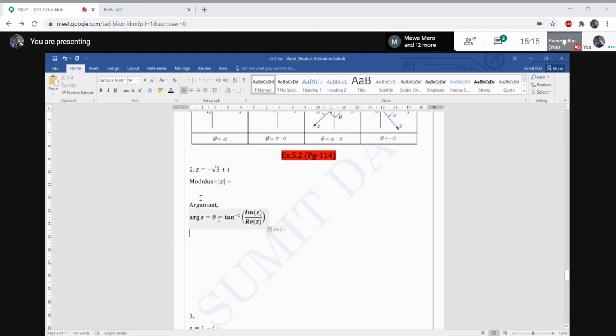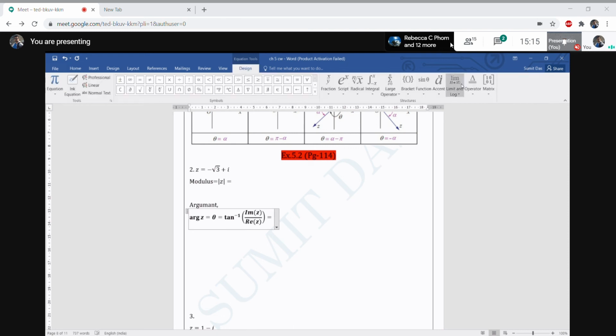So it will be equal to tan inverse, inside the bracket. What is the imaginary part of z? Imaginary part of z is 1 here, look, because it is 1 times i. And real part of z is minus root 3.